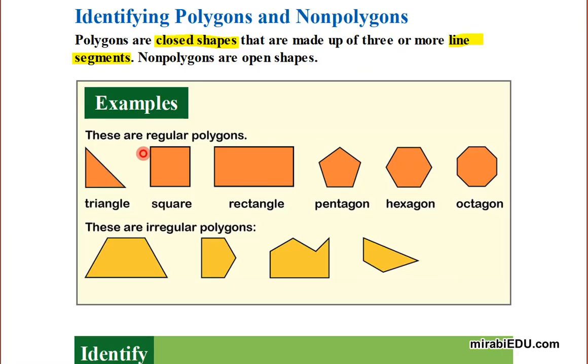There's no definition written here. Let me write the definition. Regular polygons have the same side and angle. So angles and sides must be equal to each other.